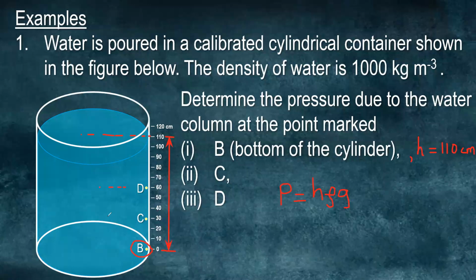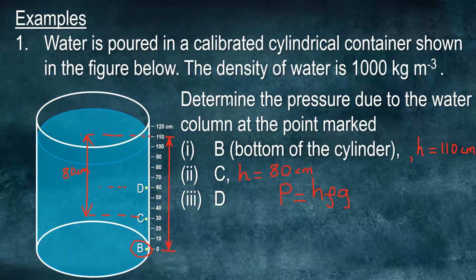From the 30 centimeter mark, there is that depth there. And you can clearly see that that depth is 110 minus 30, which gives you 80. So we have 80 centimeters. Because it is 80 centimeters, let me quote here and say H is 80 centimeters for Roman 2.